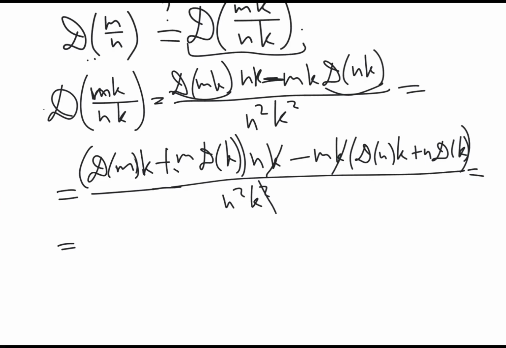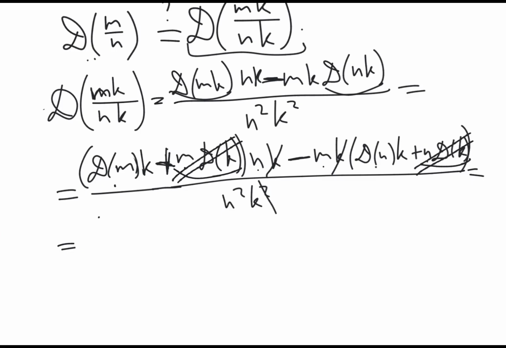Then we notice that this term is d of k multiplied by m multiplied by n, and here it's d of k multiplied by n multiplied by m. So this is the same term, but here it's with the sign plus, and here it's with minus. So this term cancels with this term, and what remains is only these two terms.